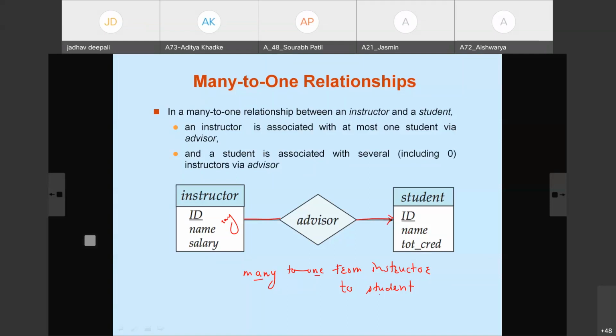That is the simple many-to-one representation in the ER diagram.